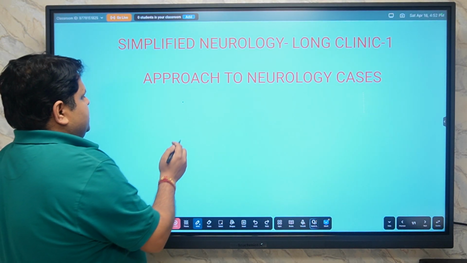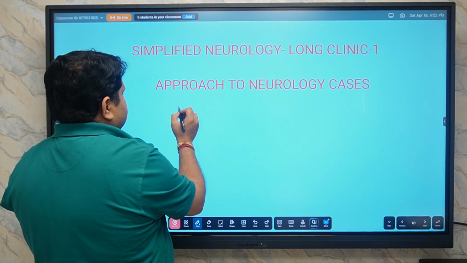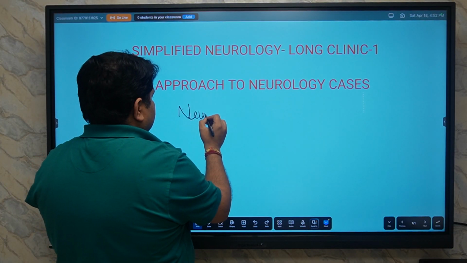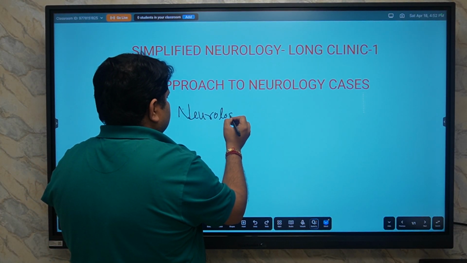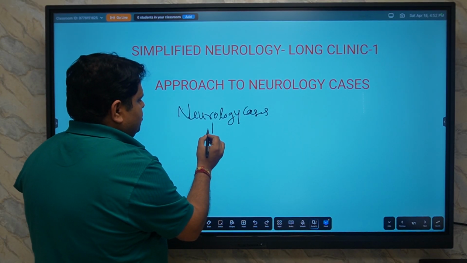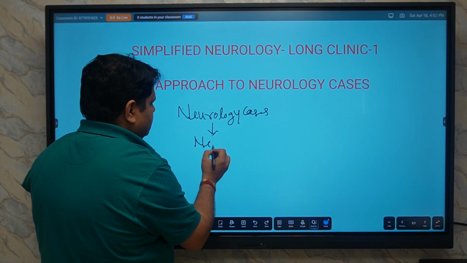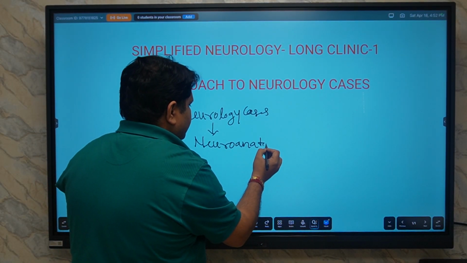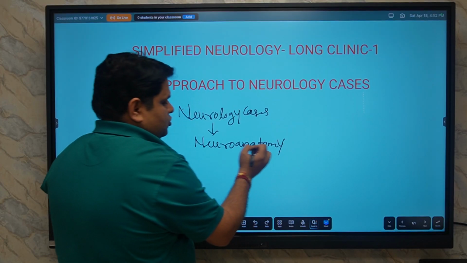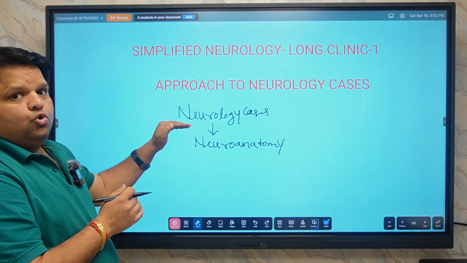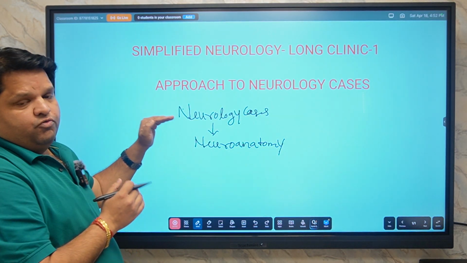So we will start first is the basis of the neurology cases is the neuroanatomy. So for approaching the neurological cases, we should know how the neuroanatomy works.